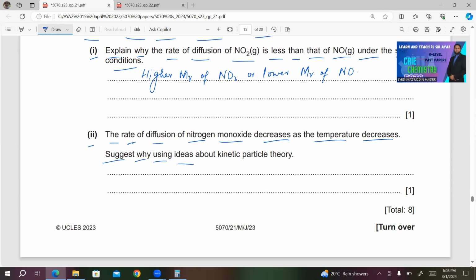Suggest why using ideas about kinetic particle theory. Molecules have less kinetic energy.